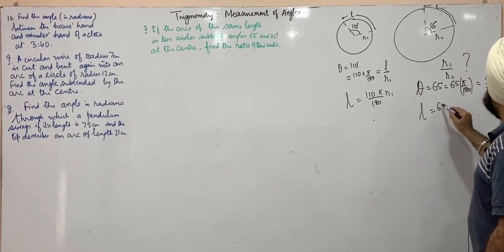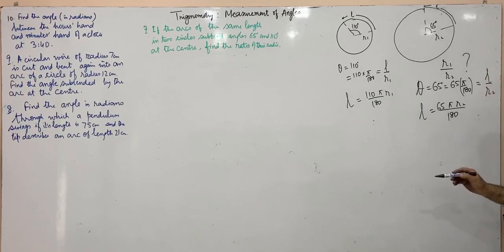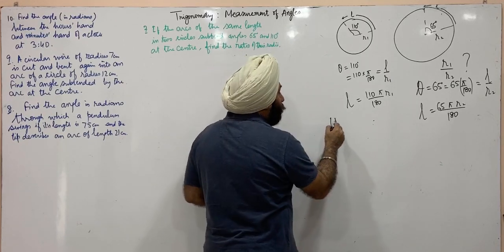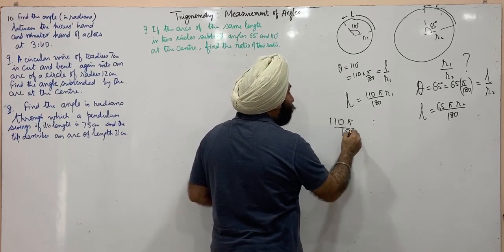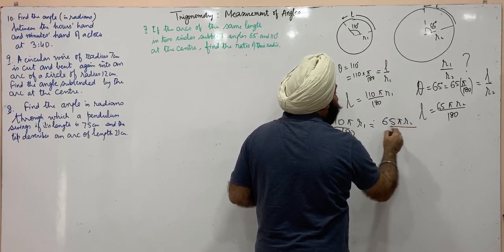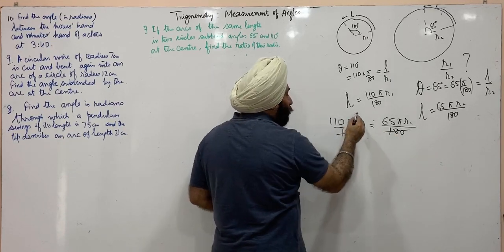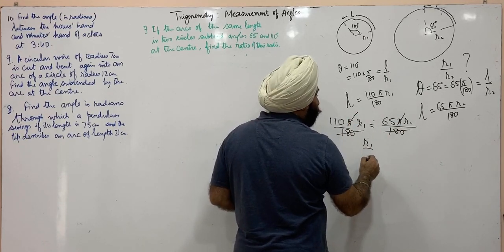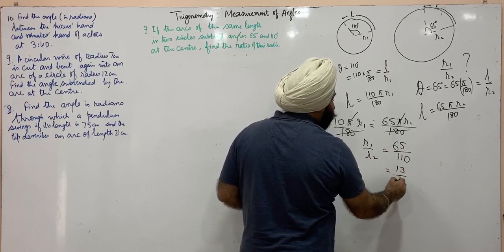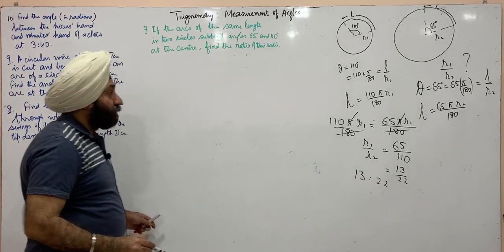So L is 65 pi R2 upon 180. Since L is the same, we equate: 110 pi by 180 into R1 is equal to 65 pi R2 upon 180. Cancel out 180, we cancel out pi also. R1 upon R2 is 65 upon 110 or 13 by 22. It's 13 ratio 22. This is the ratio.